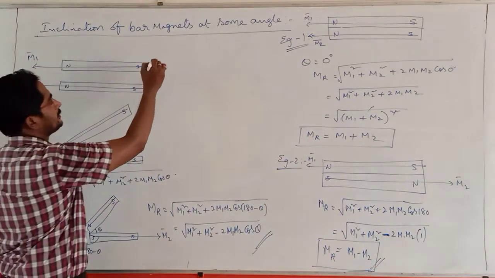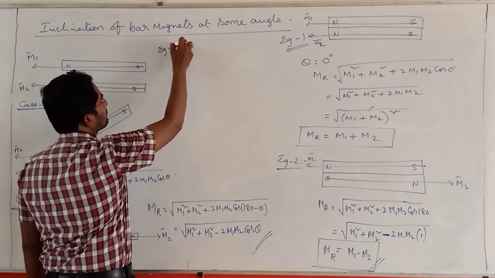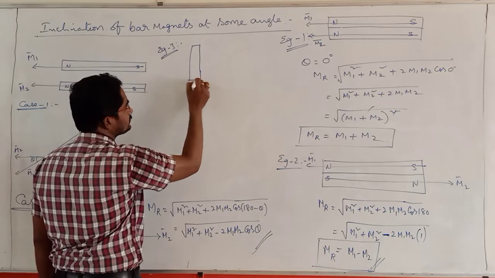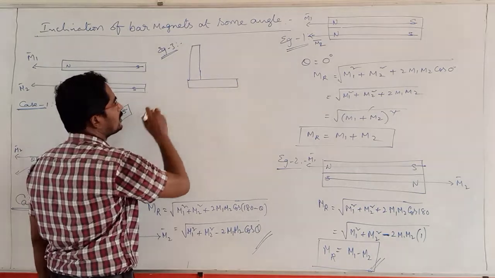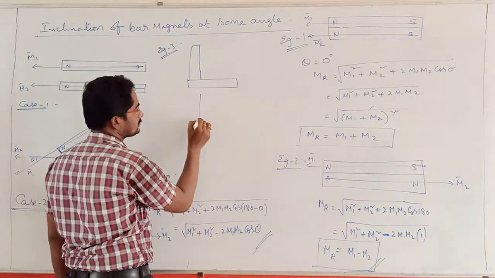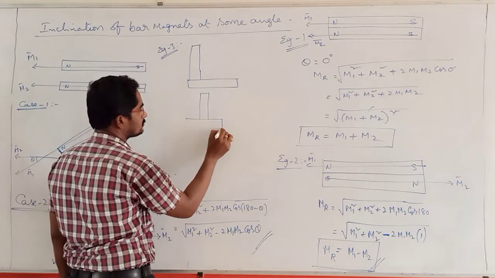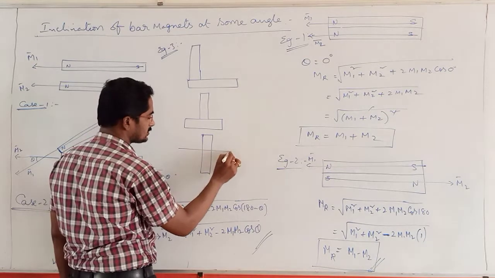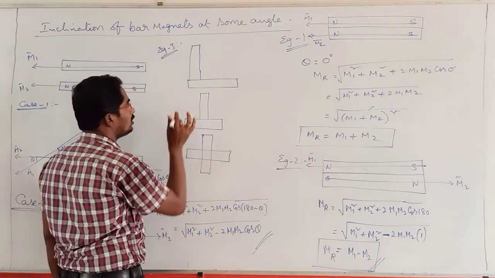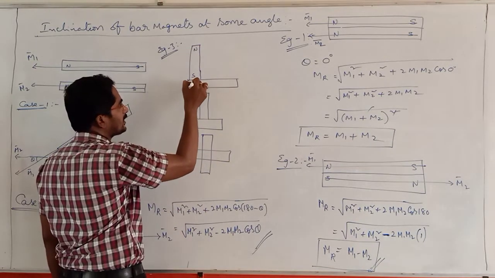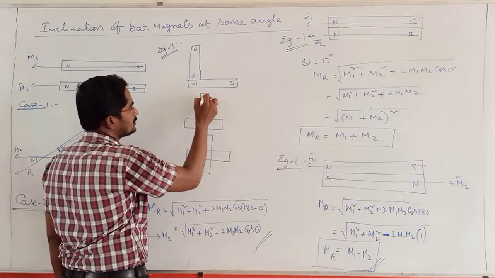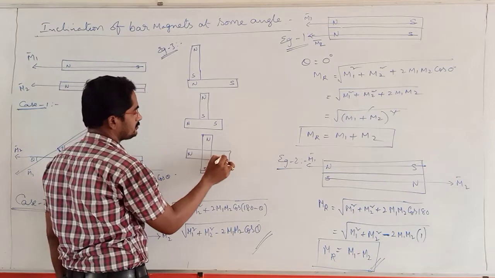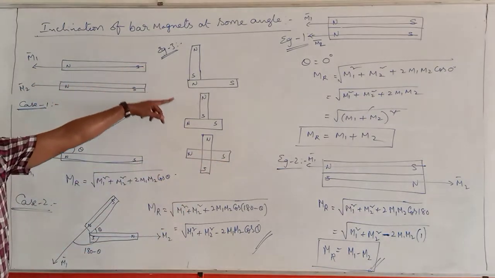Similarly, example 3. Two magnets are perpendicular to each other like this, or maybe like this, or maybe like this, cross symbol. First magnet, second magnet, in all three cases.